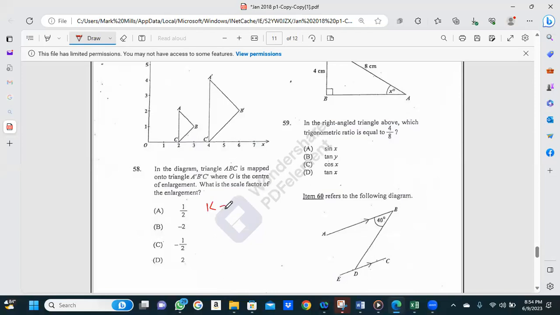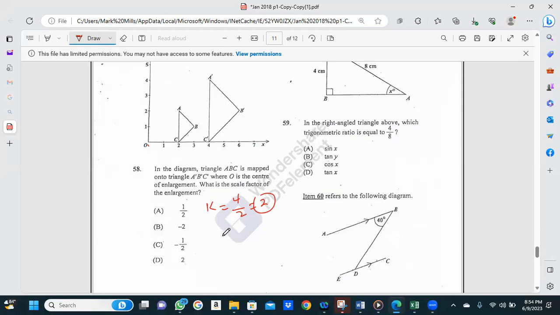Scale factor is equal to the length of the image. So you come from the center to this, you can say 4 over 2, you get 2. So this one is from the center right here. So the enlargement is 4, and to the C is what?